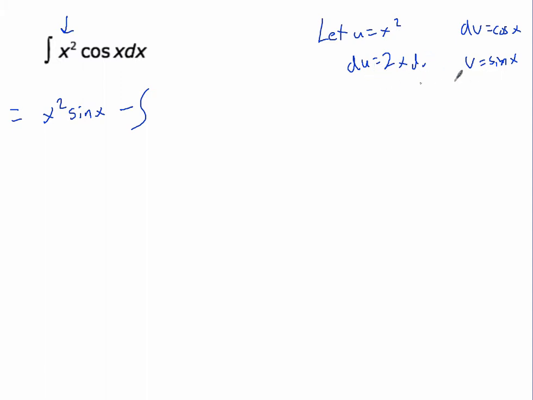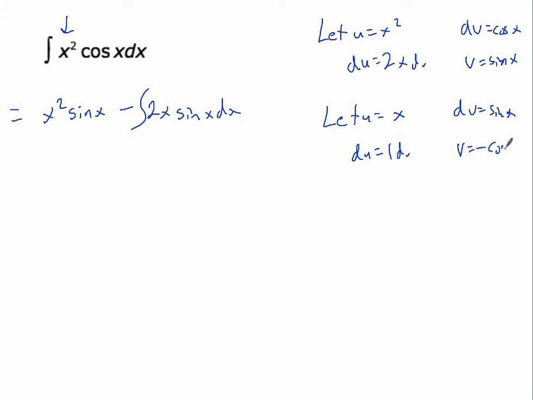V du is 2x sine x dx. Now we've got to find the integral of this, and we use parts again. So we let u equal x, then du equals 1 dx, and dv equals sine x. So v equals negative cosine x, the integral of sine x.